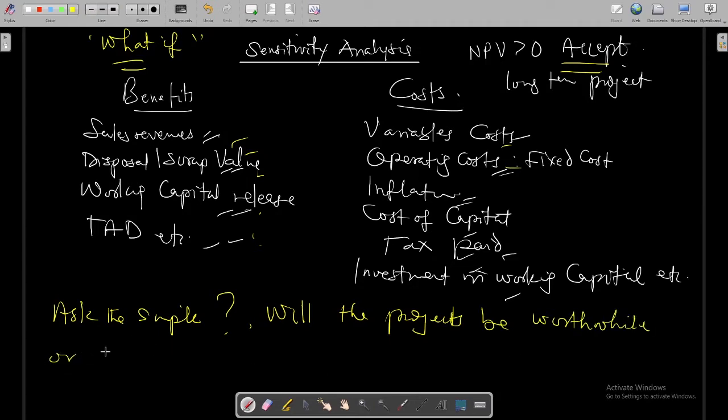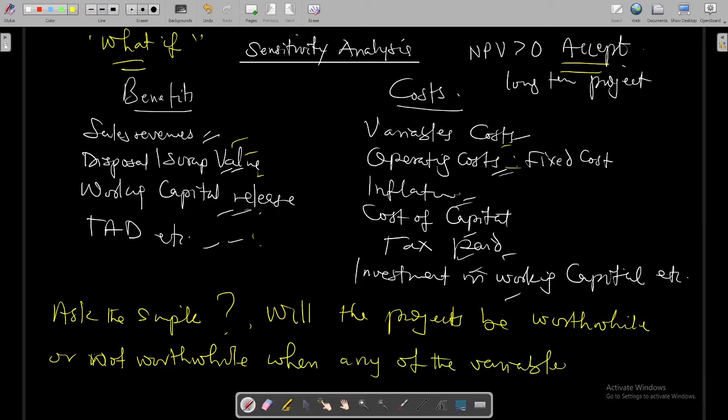Or not worthwhile when any of the variables change.